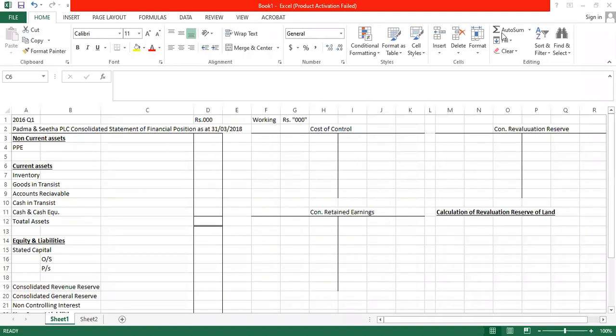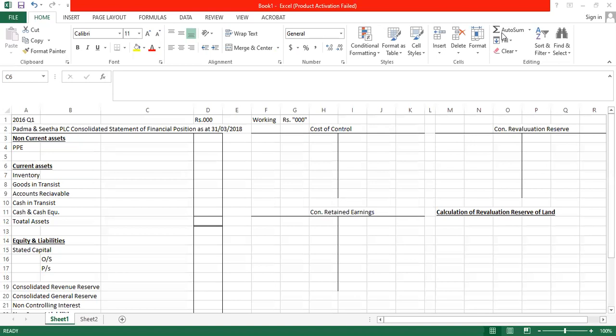Okay. So the first question, 2016, first part, says define the following terms according to LKAS 27, consolidated and separate financial statements. The three terms they ask: first is a group. The answer is, a group is a parent and all its subsidiaries.